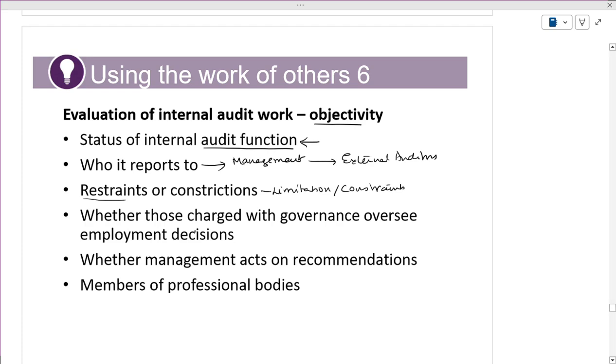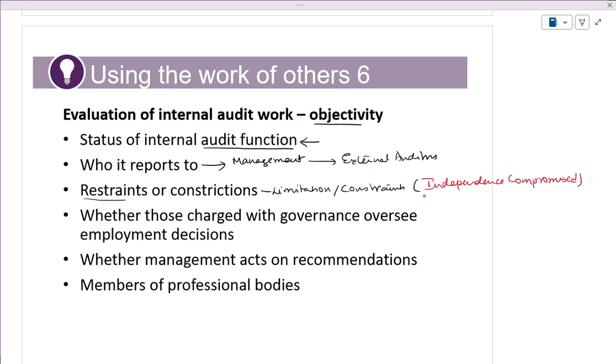If we have all these things, then automatically independence will be compromised.